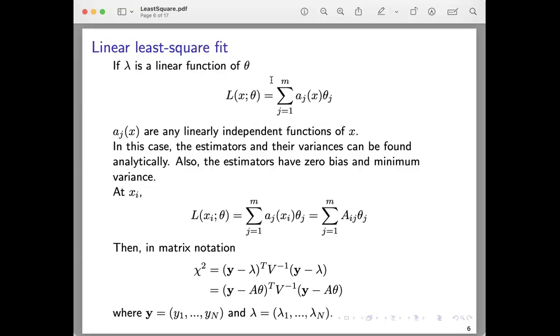Then you can write this lambda as a linear combination of these thetas. In this case, the estimators and the variances can be found analytically. Also, the estimators have zero bias and minimum variance.